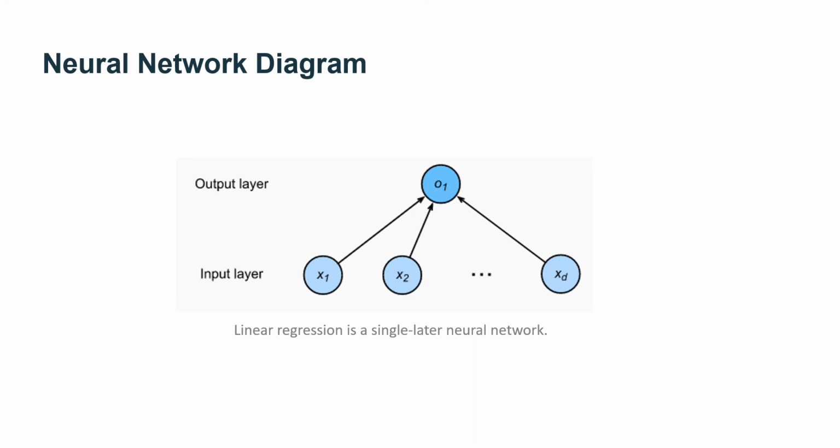Commonly, deep learning practitioners represent models visually using neural network diagrams. Here we represent linear regression with a neural network diagram. The diagram shows the connectivity among the inputs and output, but does not depict the weights or bias, which are given implicitly. In the above network, the inputs are x1, x2, up to xd.